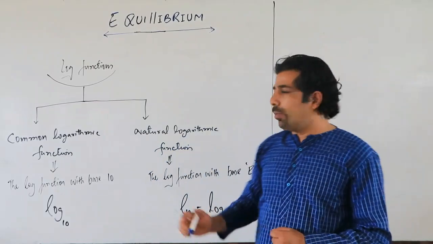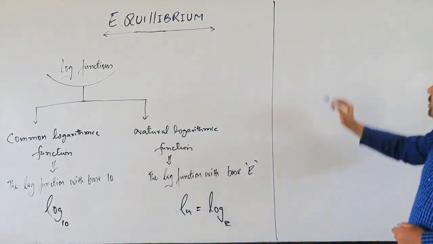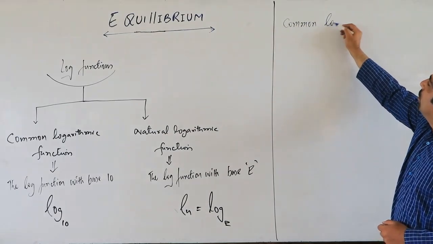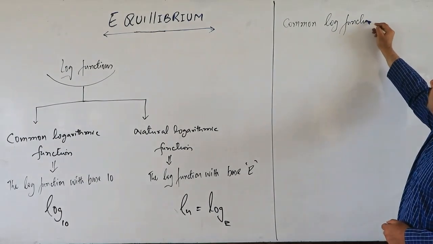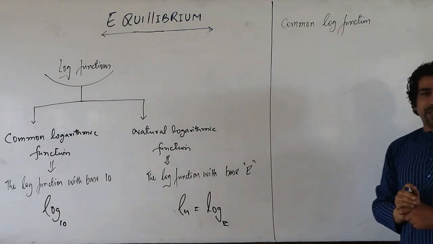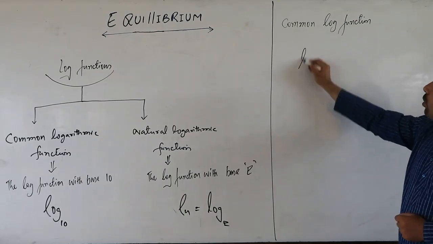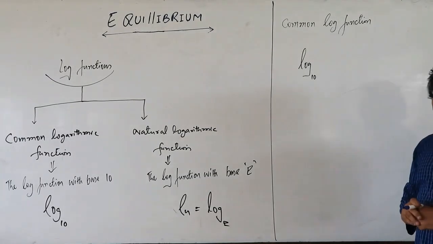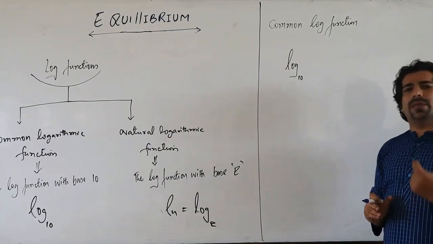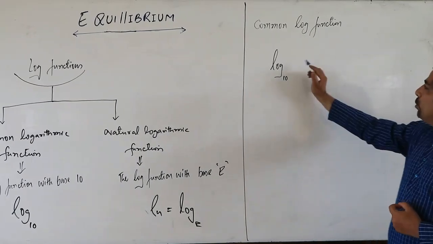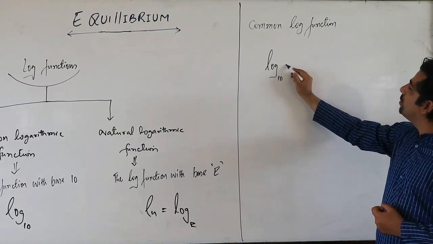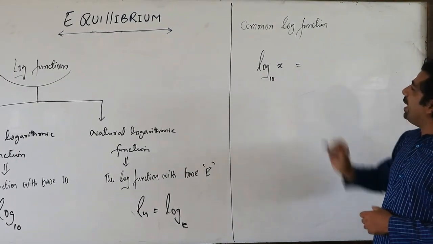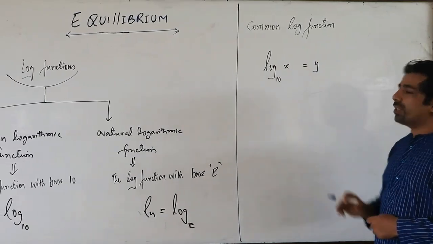Dear friends, let us elaborate these two concepts here. Let us take the first one, common log function. And we know that in the common log function, we have log with base 10. So let me find out the log for some number. Let us suppose I want to find out log x, and let us suppose that log x is equal to y for the time being.